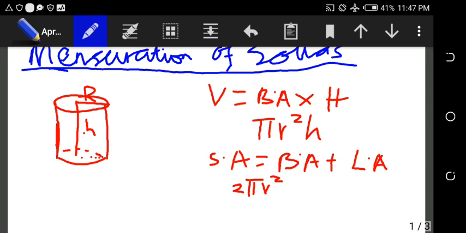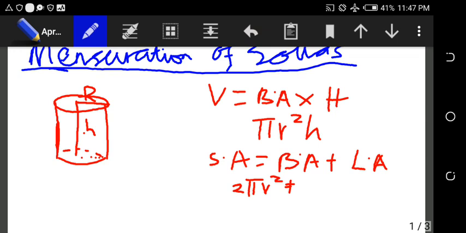Then plus, to get the lateral area, that is the circular side of the cylinder, going around the cylinder gives us a circumference, and we know that the formula for the circumference of a circle is 2 pi r.